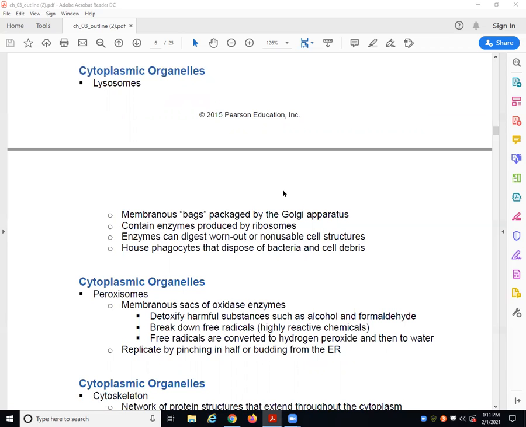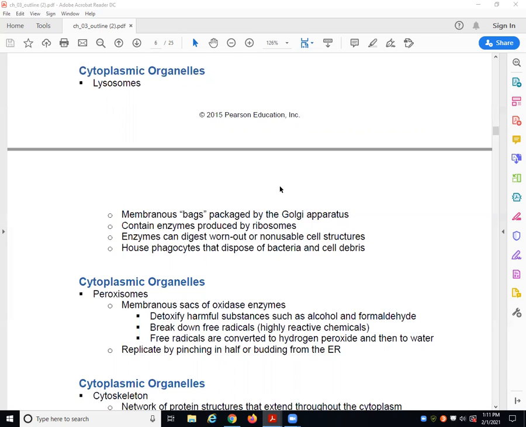The lysosome enzymes are going to digest worn out cell structures that you can't use anymore. Okay? And they also are going to house phagocytes, which are cells that eat things. Phago means eat. So they're cells that eat things to dispose of things like bacteria and other cellular trash or debris. Okay?